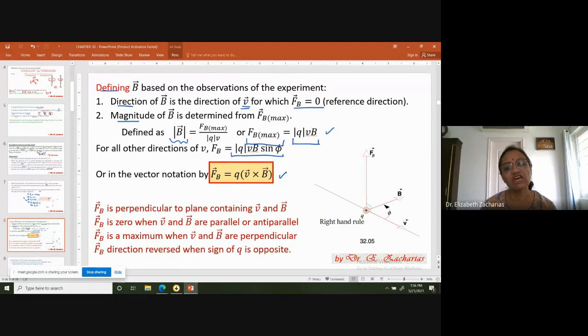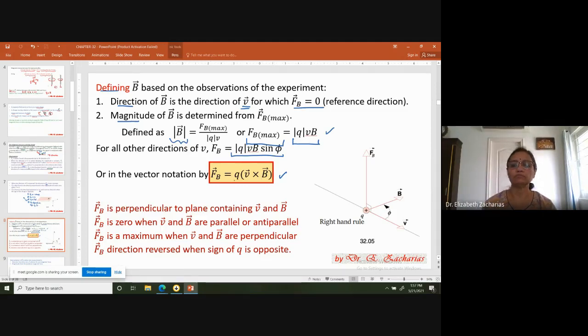Similarly, if you do the experiment with a positive charge, you get a certain FB. If you do it with a negative charge, you get the opposite. With a proton, you get a certain force; with an alpha particle, the force proportionally increases. So you can see that all your experimental observations are obeyed by this equation.